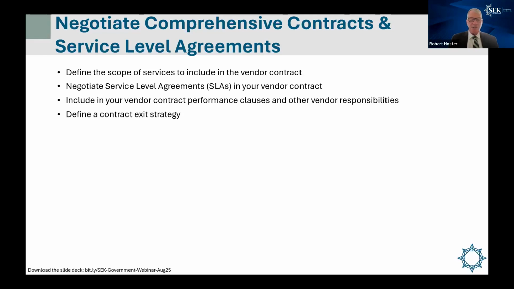You'll also want to include in your contract clauses for who owns the data, data security of your data, confidentiality clauses, backup and recovery strategies for your organization's data that the vendor will be responsible for, as well as possible termination clauses in case you need to get out of the contract.